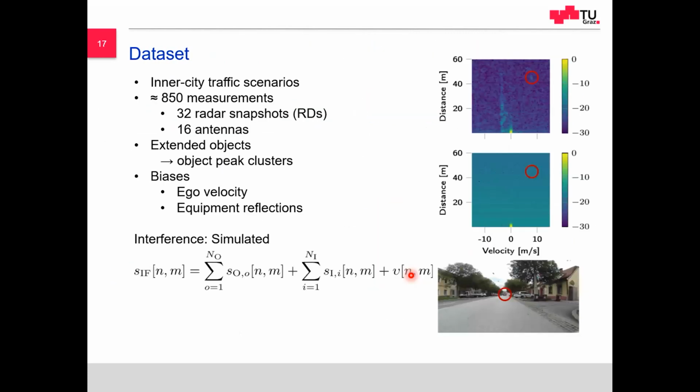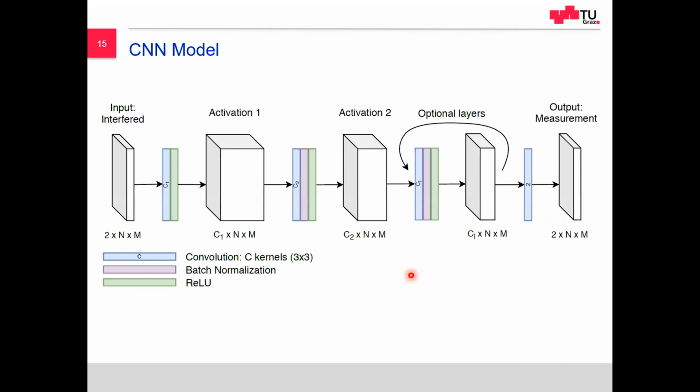The reason is that we have a regression task and we don't want to lose the precision of the object peaks. You can do this if you have some kind of U-shaped network, and then you have the up convolutions again in order to restore the information from earlier layers.